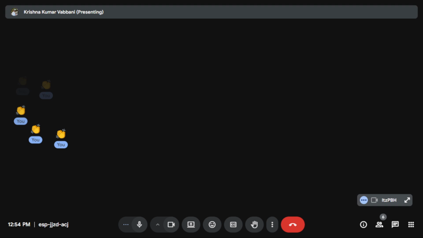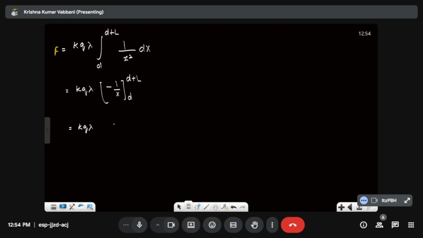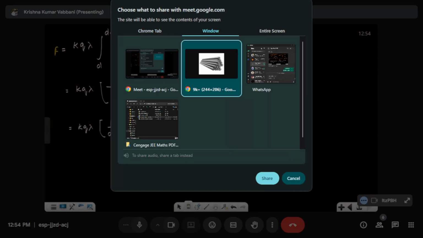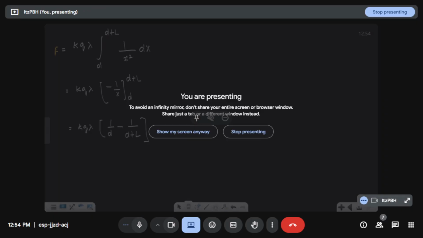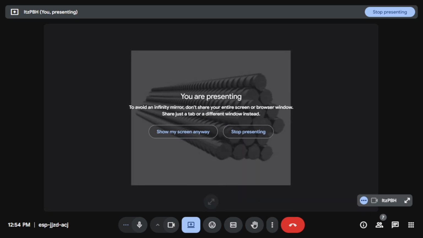Inside there is a minus, so you don't need to substitute the upper limit first; substitute the lower limit first and you will get the answer directly. So it is lower limit minus upper limit. Then do the LCM.